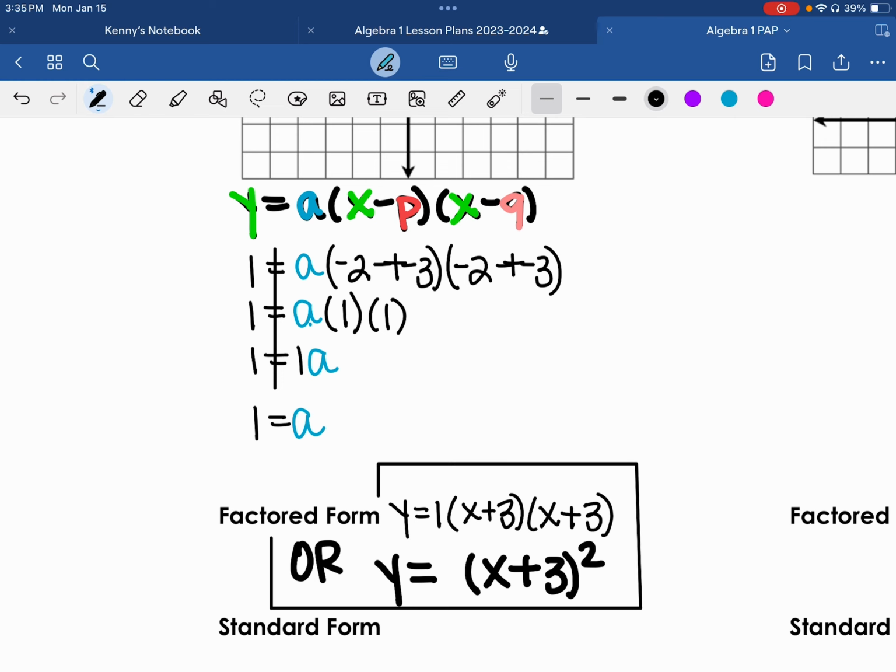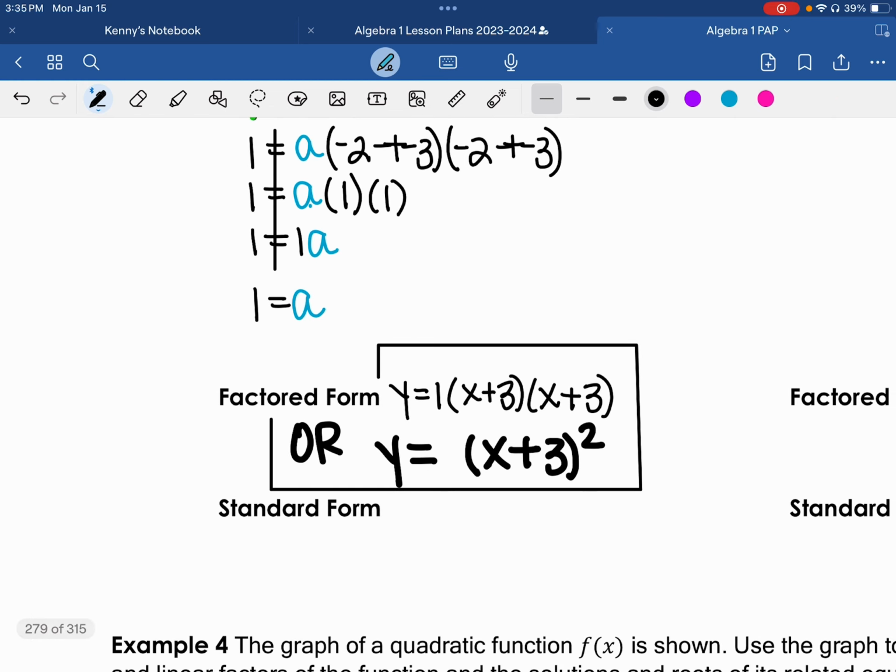There we go. Now for standard form, all I need to do is multiply (x plus 3) squared, (x plus 3) times (x plus 3), sorry. Hold on, there we go. Let's make the box. We're going to cut it vertically, x plus 3, and we're going to cut it horizontally, x plus 3.